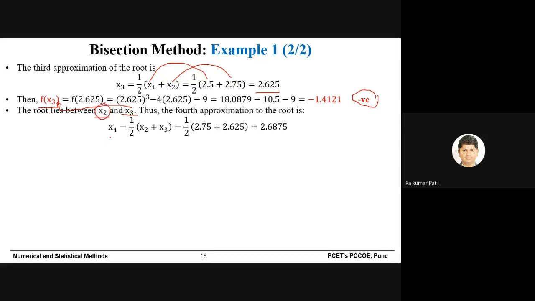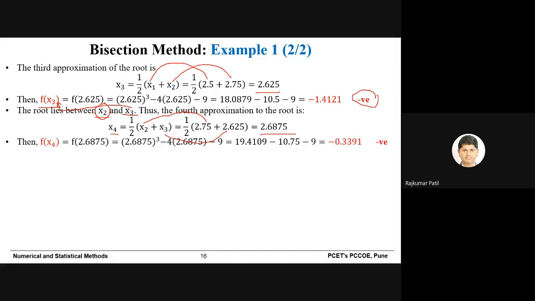Therefore, the fourth approximation of the root is x4 is equal to 1 by 2 into x2 plus x3. Put the values of x2 and x3 in the equation, and you will get x4 as 2.6875.